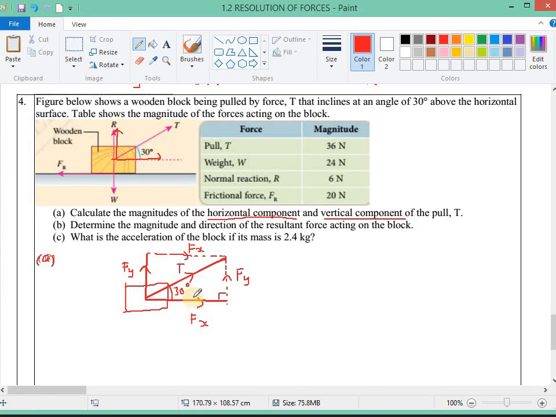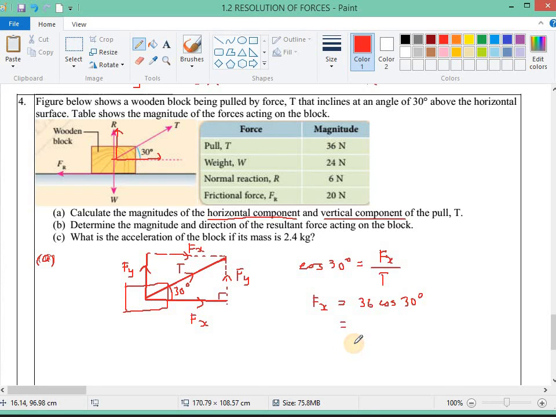Fx is adjacent to the 30, so we can use cos. Cos 30 degree equals Fx over T. It's given that T is 36, so Fx, which is the horizontal component, will be 36 cos 30 degree.